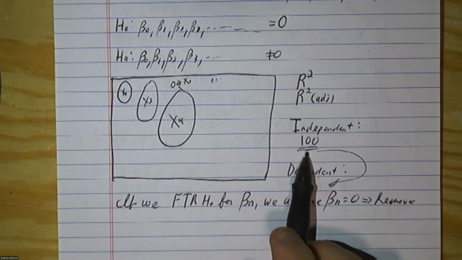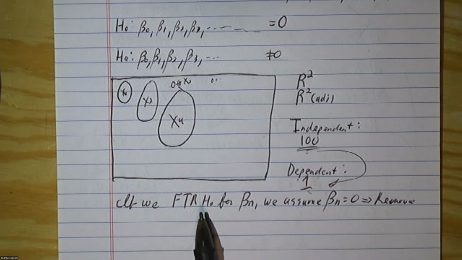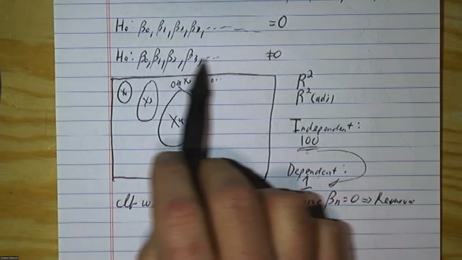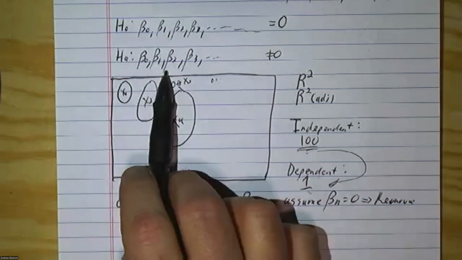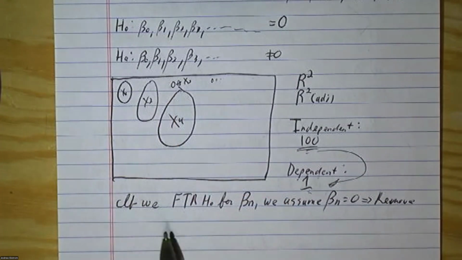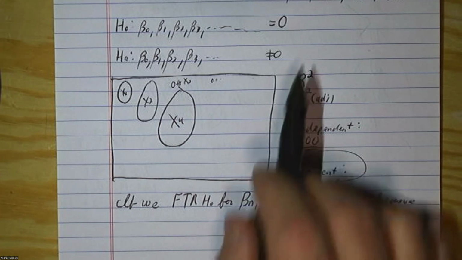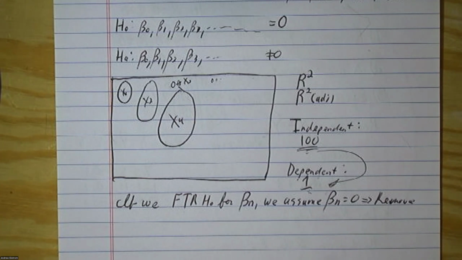So we're going to start out with 100, and our final model is only going to have variables that we believe are statistically significant. So they're going to be the variables that have coefficients that are in this group right here. Everything else, because we assume that the beta value is equal to 0, 0 times anything is 0, so I don't care what that is. Get it out of there, make things easier on us.